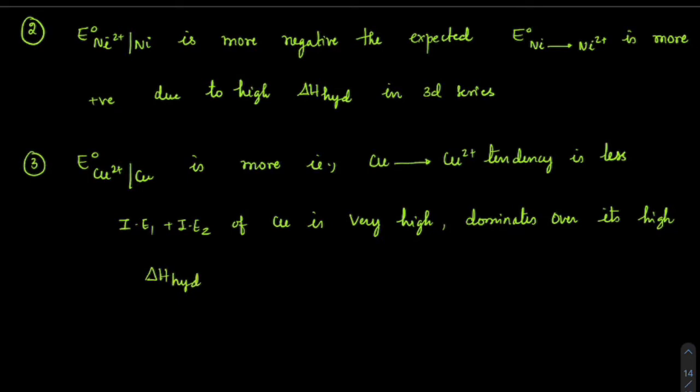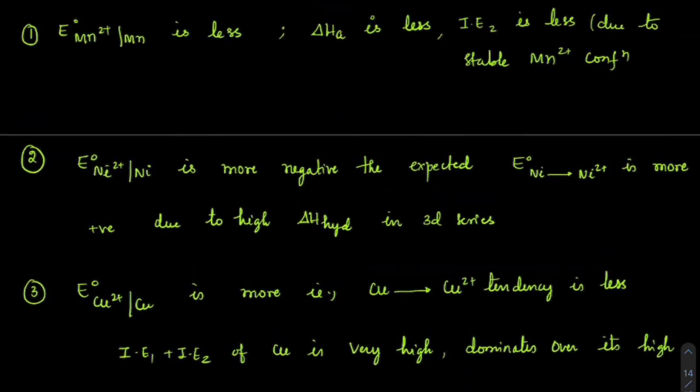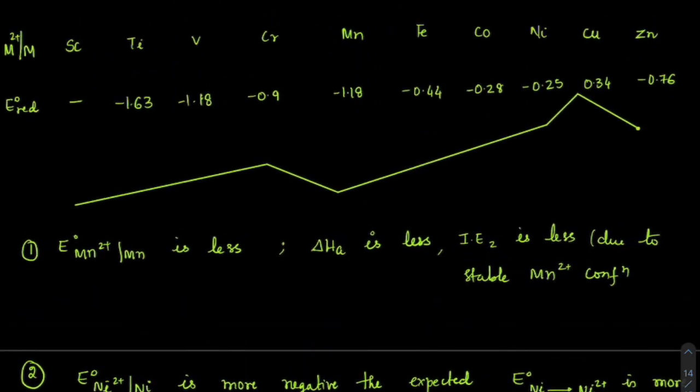Although it has a very high delta H hydration, its ionization will dominate over that value here. Okay, so in short, delta H atomization plus the overall ionization will be higher compared to that of delta H hydration. Because of that, it is becoming positive, and you can see that is the only positive. Copper is the only positive reduction potential in 3d.